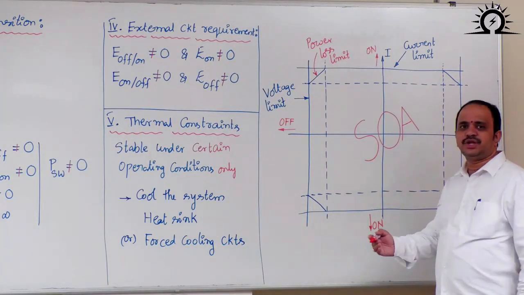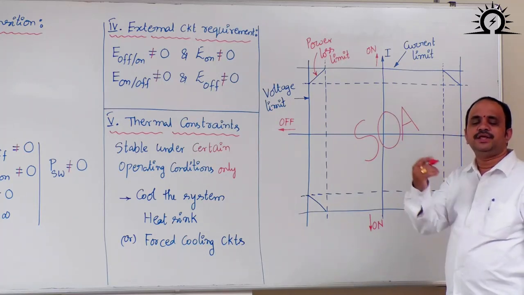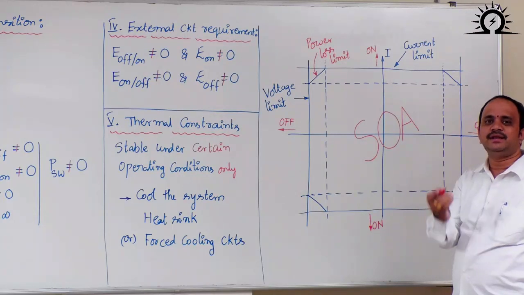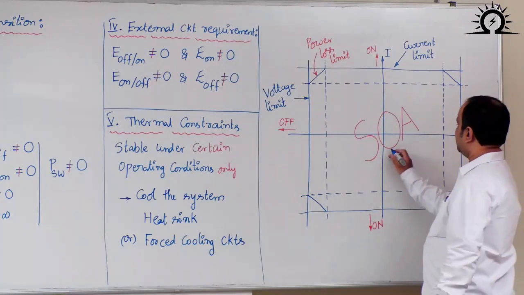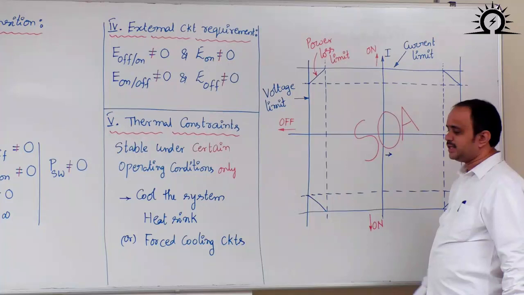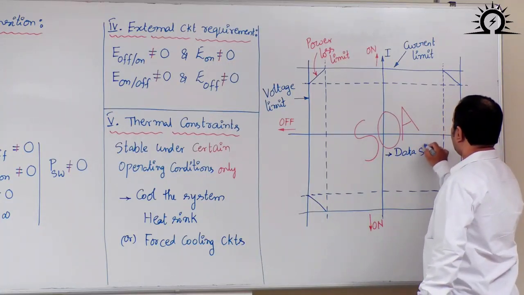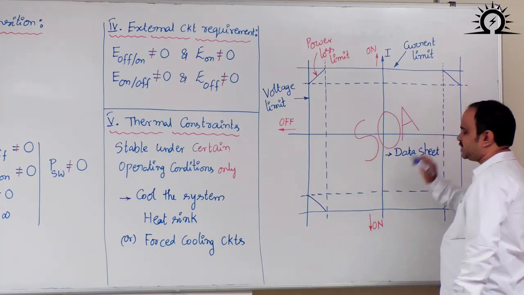From where will I get that information? The manufacturer will tell the user in terms of one technical document. That technical document is called the data sheet, or specification sheet.